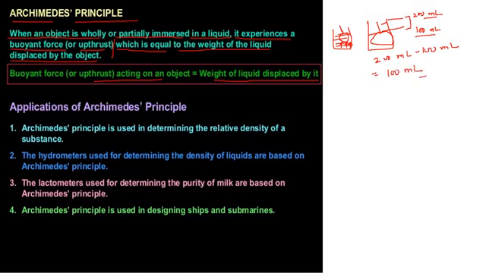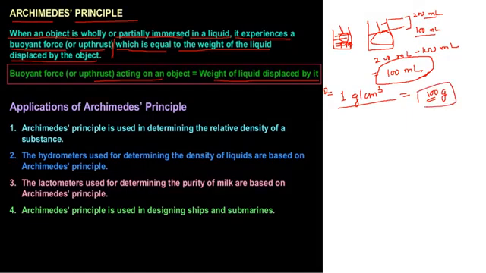When you measure the weight of 100 ml, because water has a density of 1 gram per cubic centimeter, 100 ml will come to approximately 100 grams.